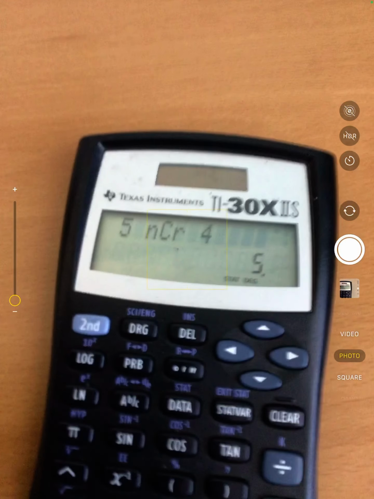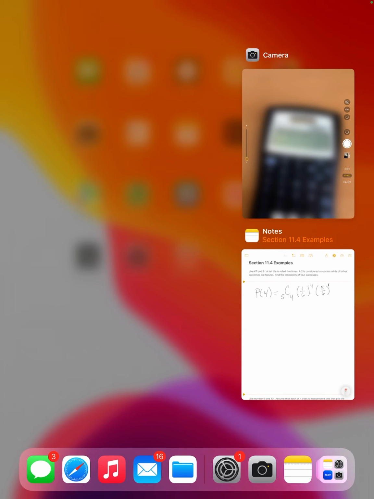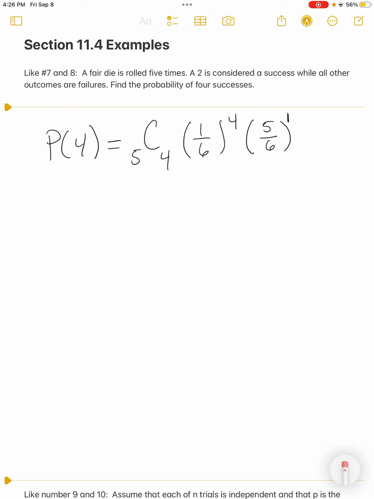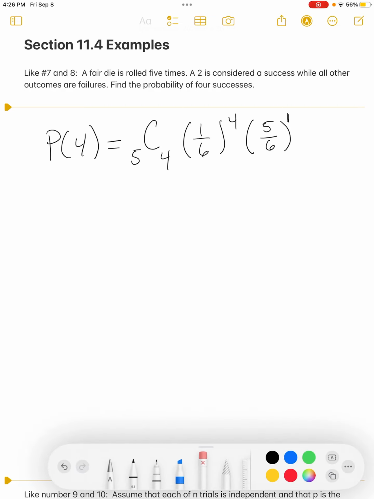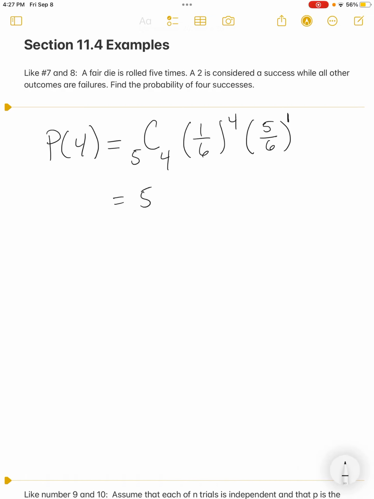So that's how I run it on my calculator. Let me take that now over to here. So I have C of 5, 4, which I just found out was 5, times 1/6 to the 4th, times 5/6 to the 1st.